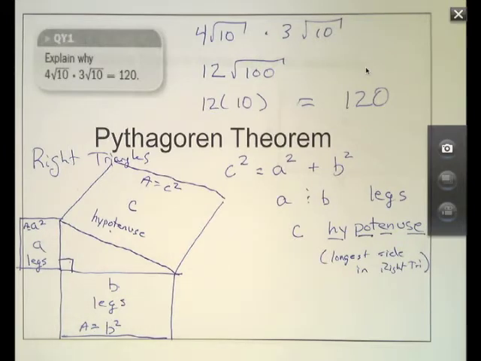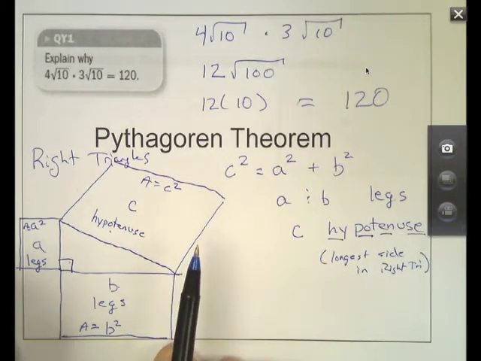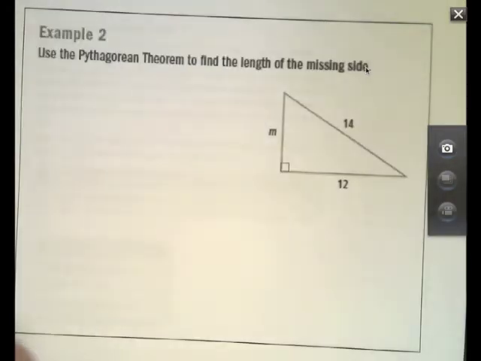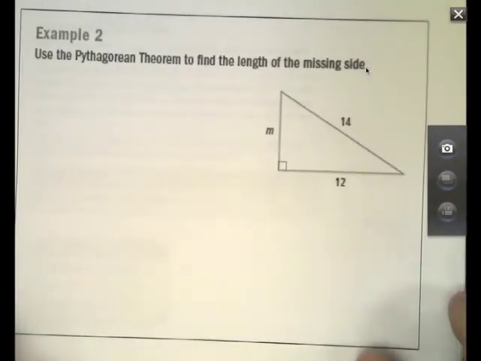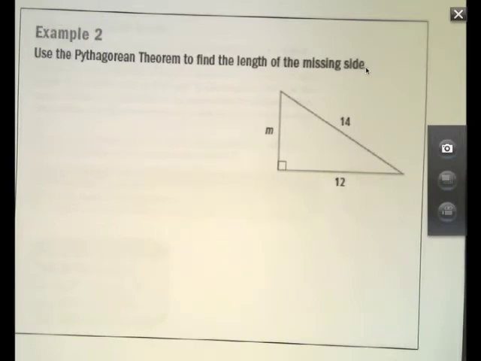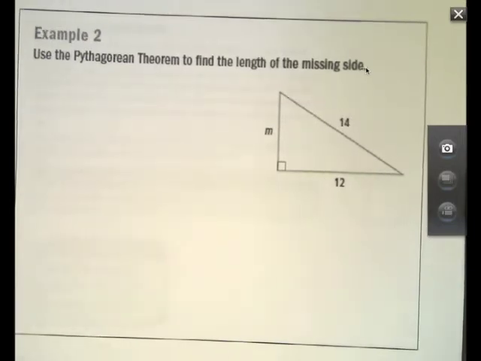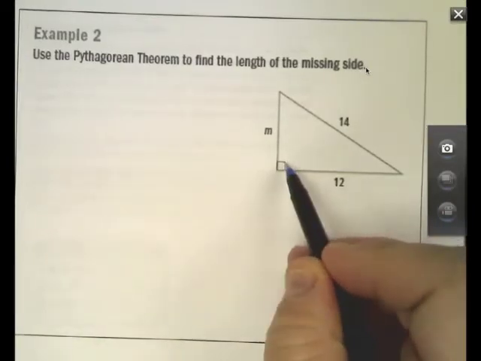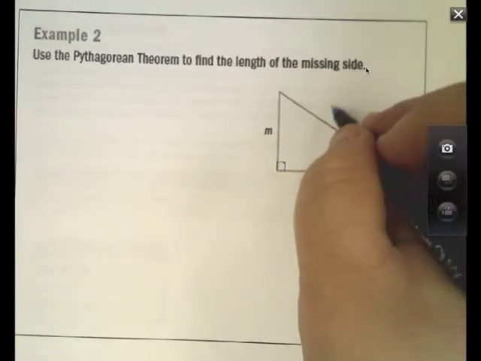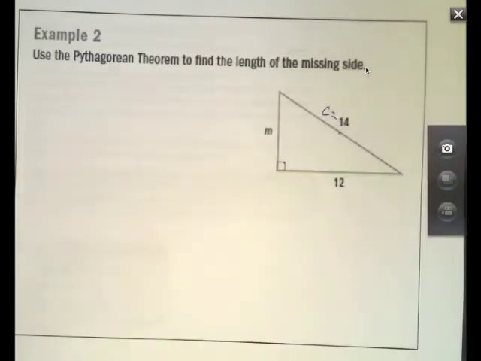So what happens is if I know 2 out of these 3, I can find the side length of the other one. So let's get into that. Example 2 says, use the Pythagorean theorem to find the length of the missing side.